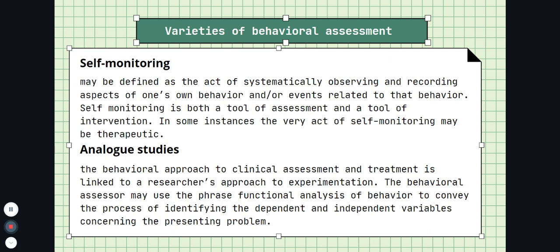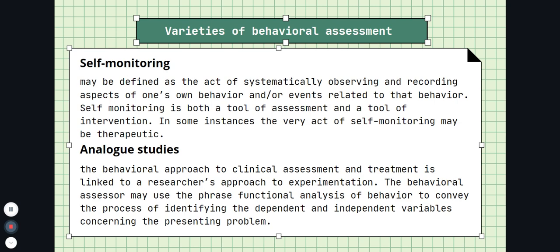In some instances, the very act of self-monitoring may be therapeutic because you would know what you are doing, like for example, you're smoking. You know that you smoked, and you are observing your own behavior.